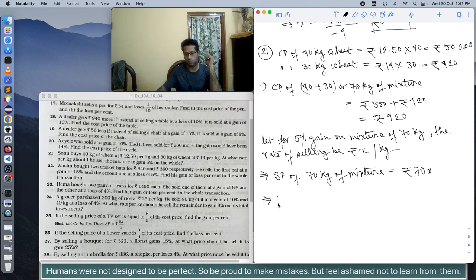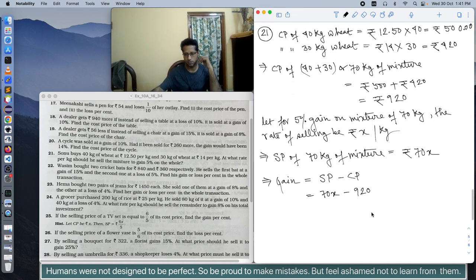So this implies the gain is equal to SP, selling price, minus cost price. This is equal to 70x minus CP was 920. Gain is 70x minus 920.